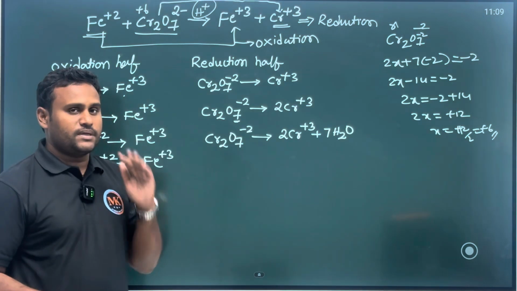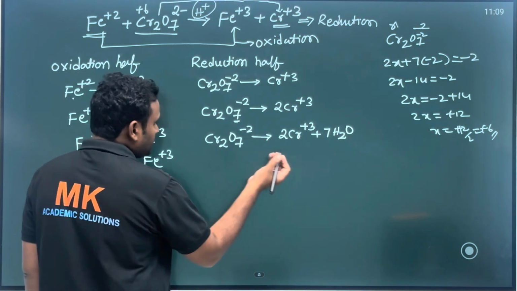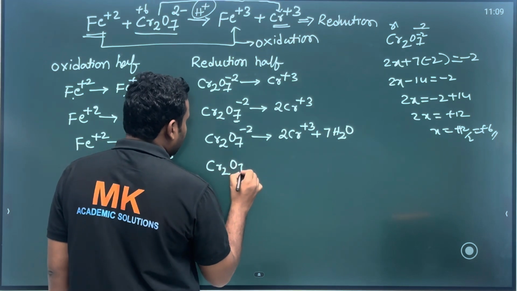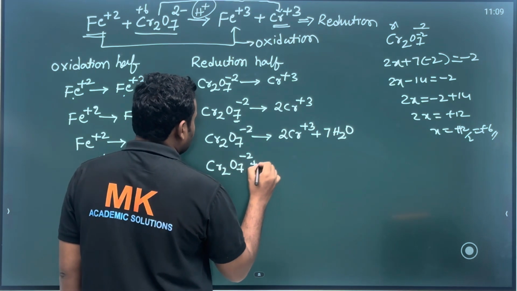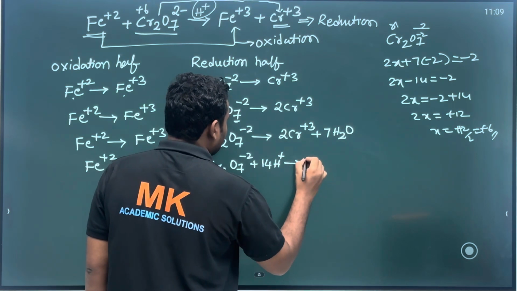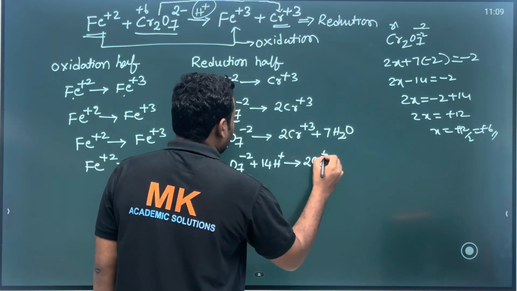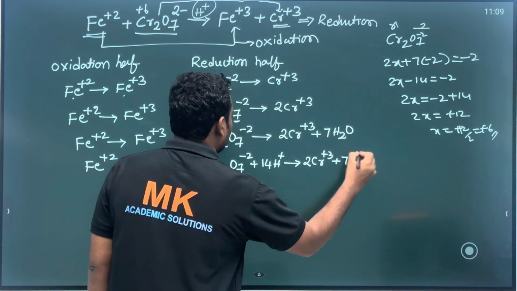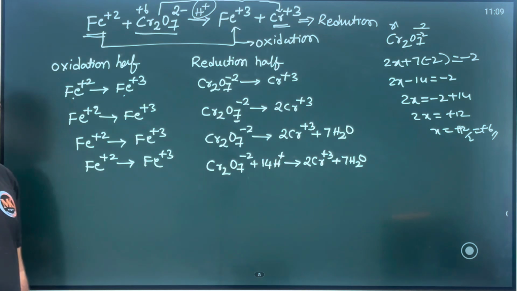By adding H plus ions at the deficient side. So Cr2O7 minus 2 plus 14H plus gives rise to 2Cr plus 3 plus 7H2O. So hydrogens are also balanced.